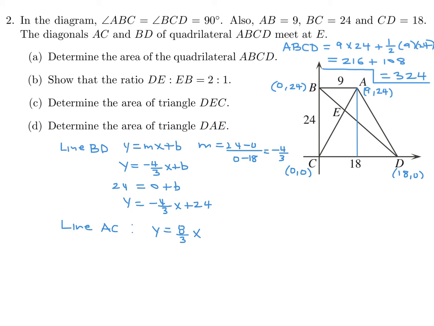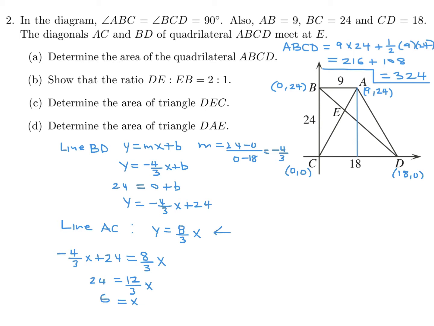Now we need to find this intersection point E. So set these two equal to each other. So that means that minus 4 over 3x plus 24 is equal to 8 over 3x. So that means 24 is equal to 12 over 3x. And therefore x is equal to 6.